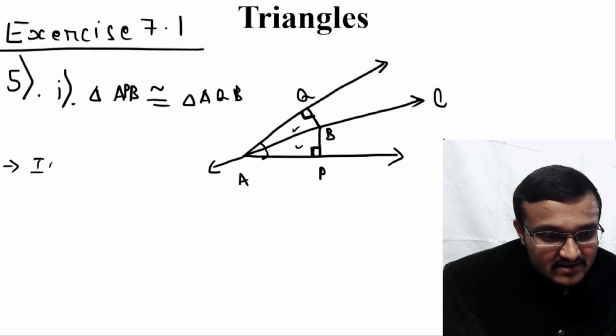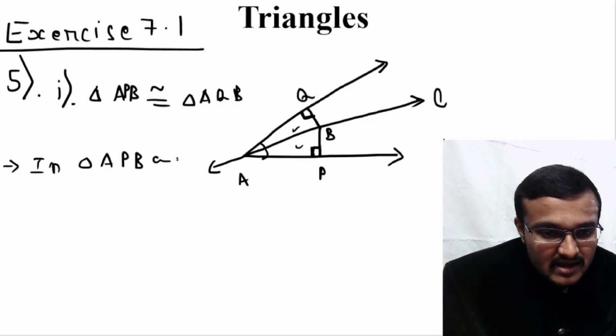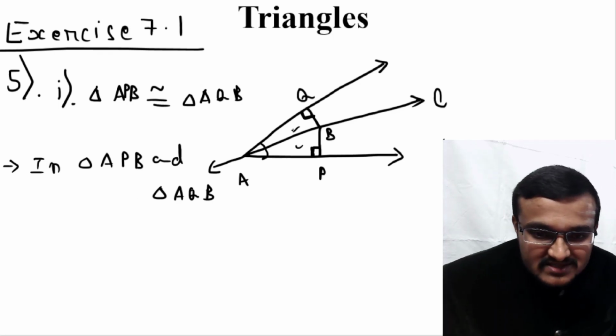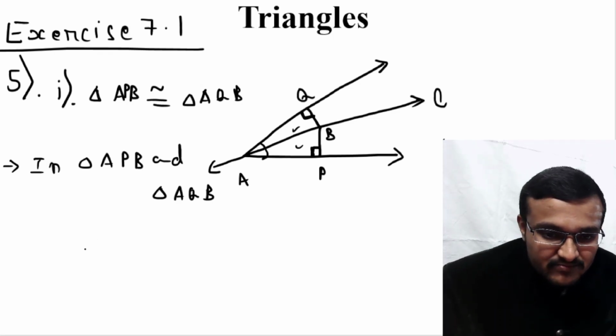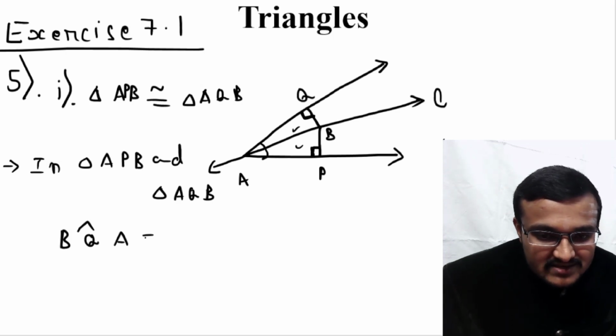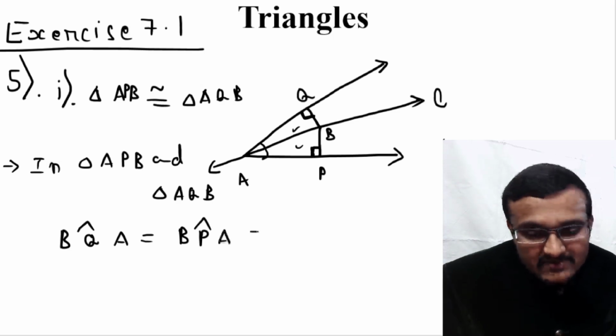In triangle APB and triangle AQB, you can see AB acts as a common side. Or else, first we'll consider the angles. Angle BQA is equal to angle BPA, which is equal to 90 degrees.